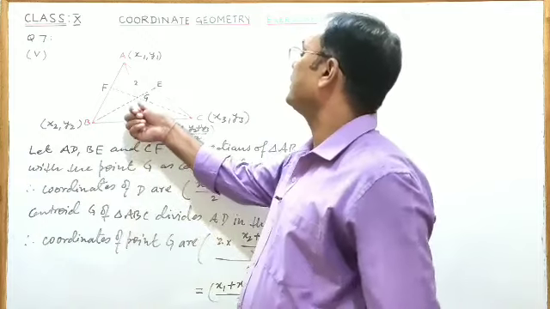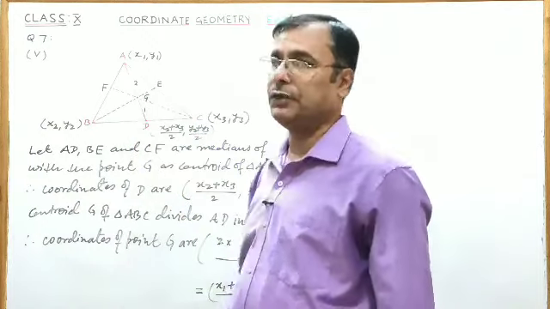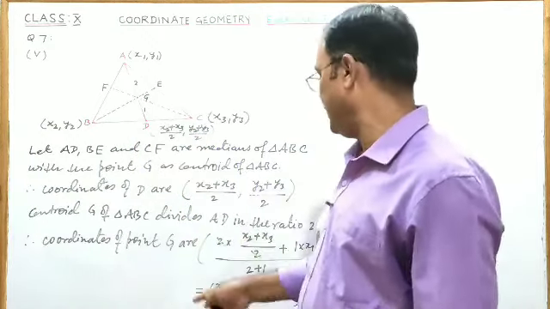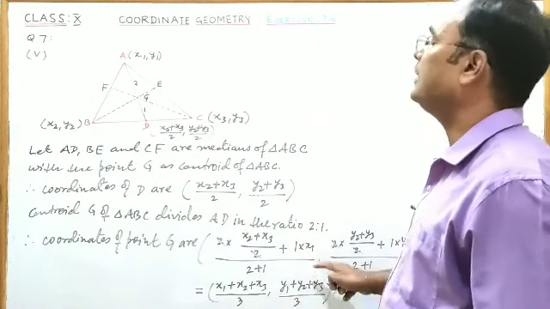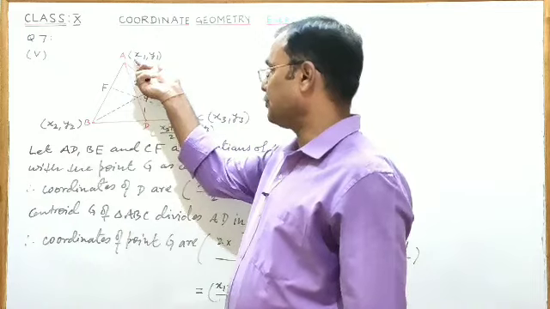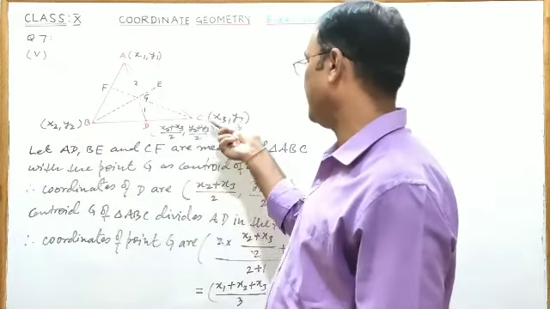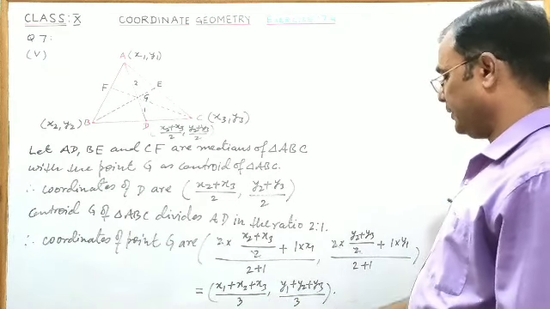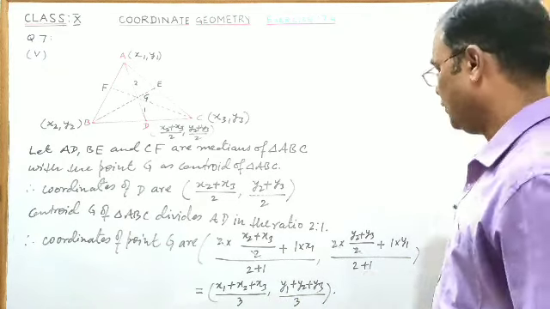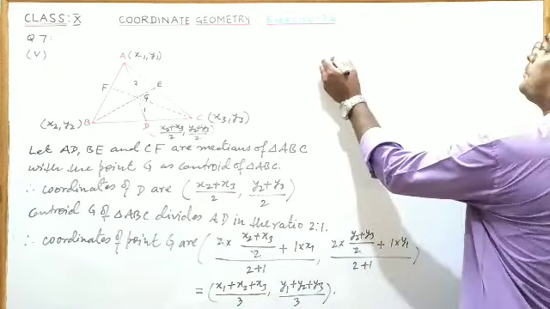So actually the centroid is a common point of three medians. That is why the coordinates of the centroid of this triangle ABC with coordinates (x1, y1), (x2, y2), (x3, y3) are (x1 plus x2 plus x3) by 3, (y1 plus y2 plus y3) by 3.